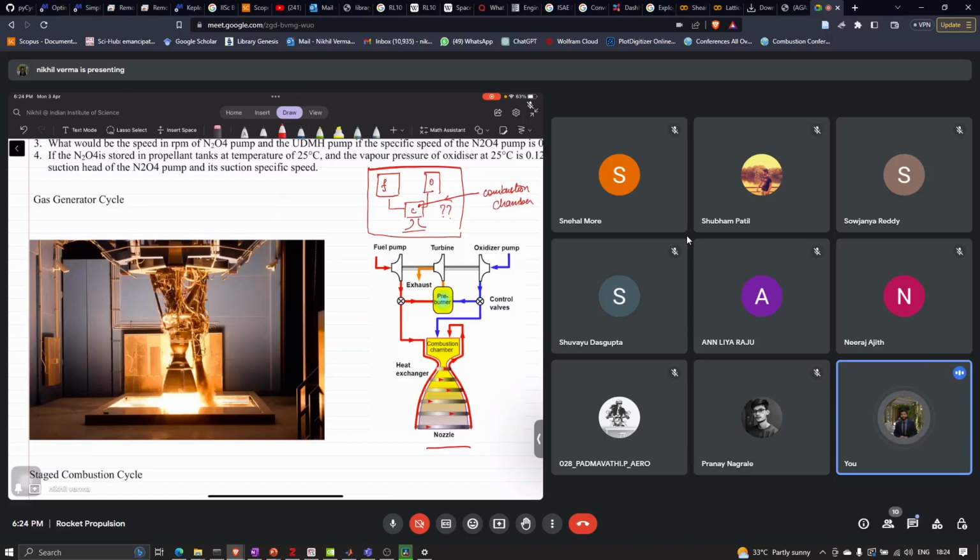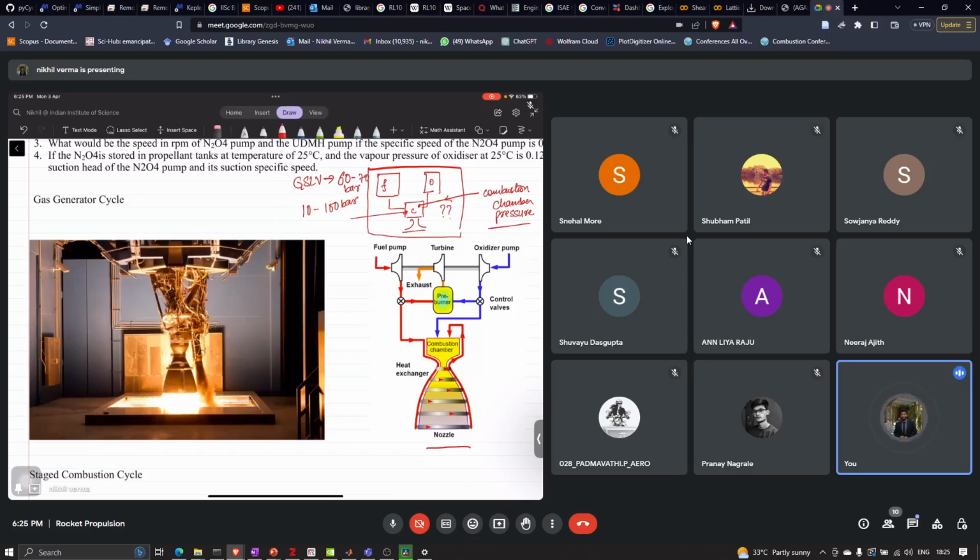What is the pressure? To answer this, we have a pressure in the order of 10 to a few hundred bars. To give you some numbers, GSLV uses a pressure in the order of 60 to 70 bar.